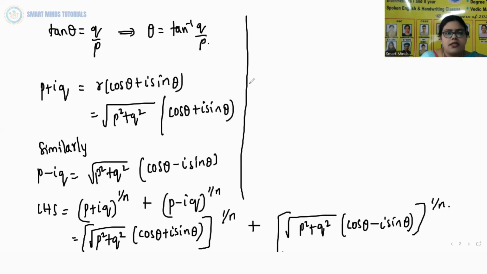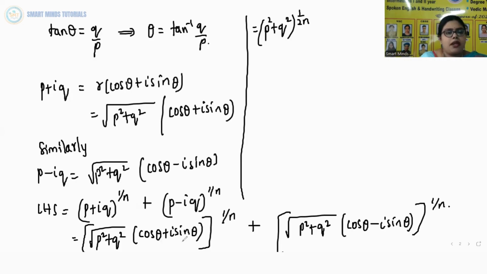Now you can see, we can write this as (p square plus q square) whole power, and if I remove the root, I can take power 1 by 2. Now I am applying DeMoivre's theorem, so applying this power also, the power 1 by n becomes 1 by 2n.